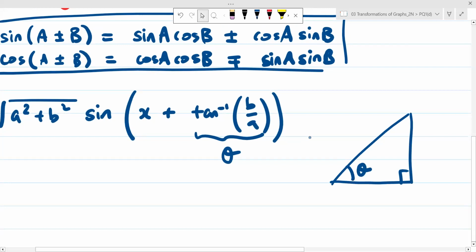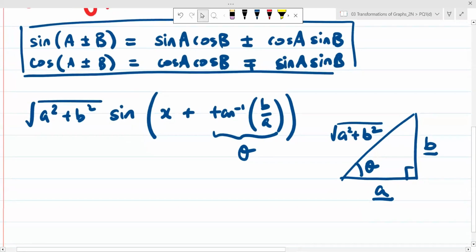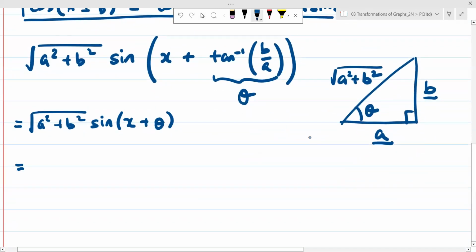Can you construct a right angle triangle for me? This side how much? B. This side how much? A. Let's make use of the theta. Now I use the addition formula.